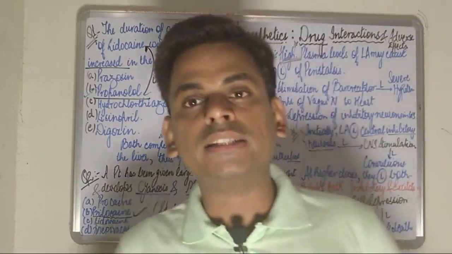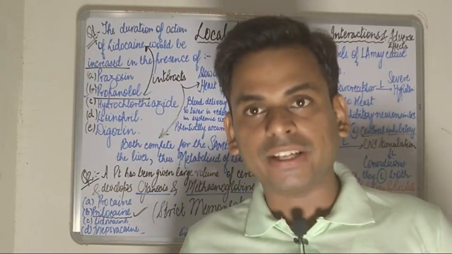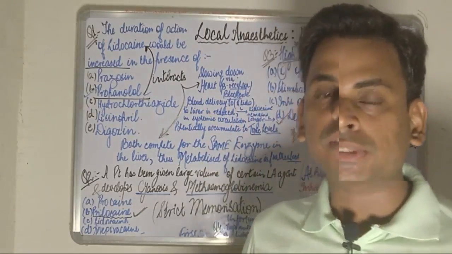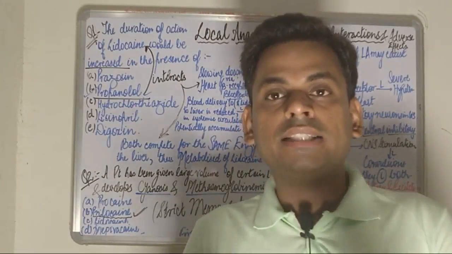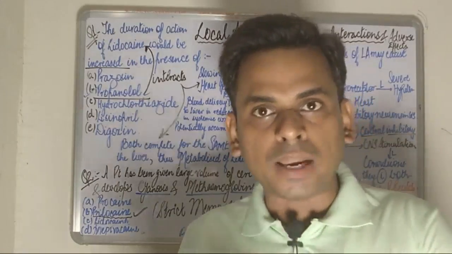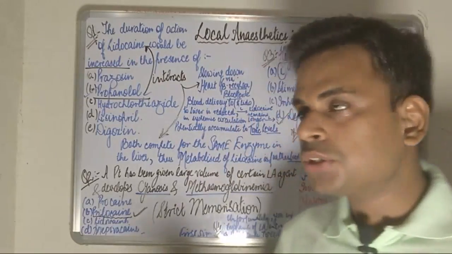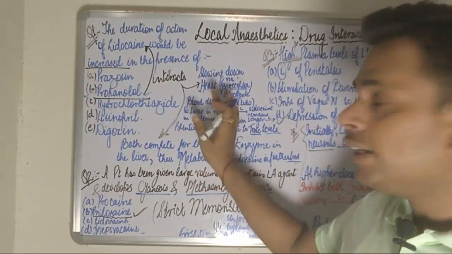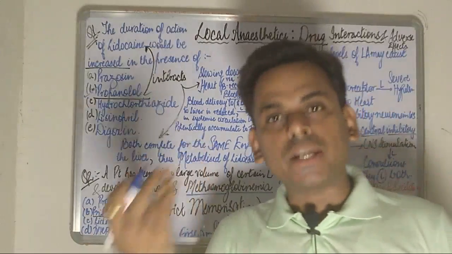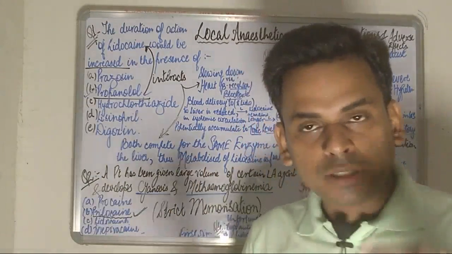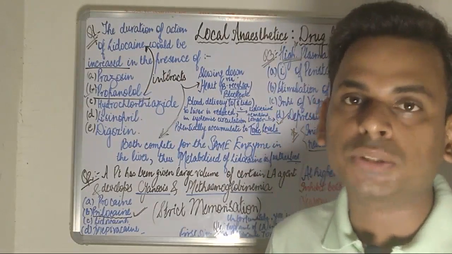When the heart slows down, the amount of blood pumped by the heart is reduced, and therefore the blood delivery to the liver is slowed down. Ultimately, the delivery of lidocaine to the liver for its metabolism is also slowed down.